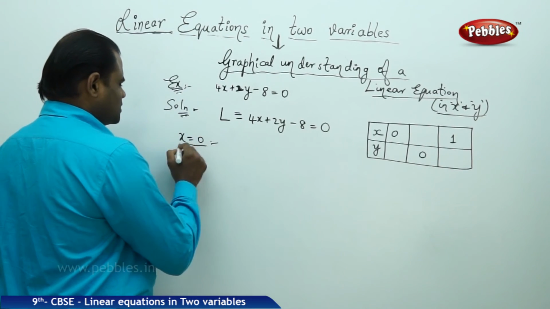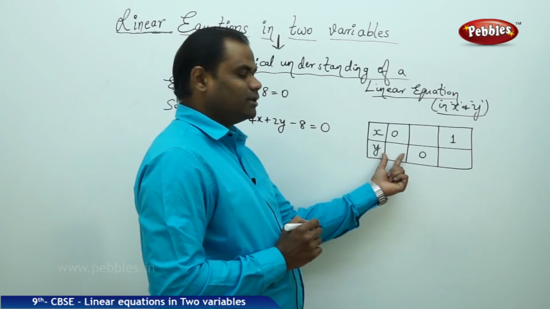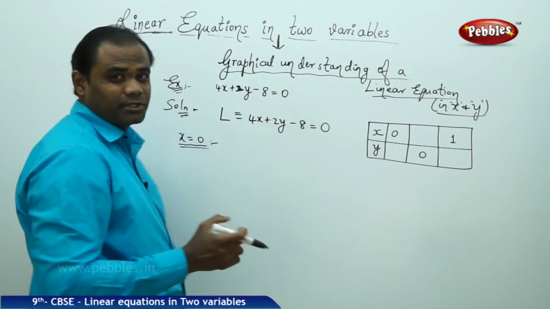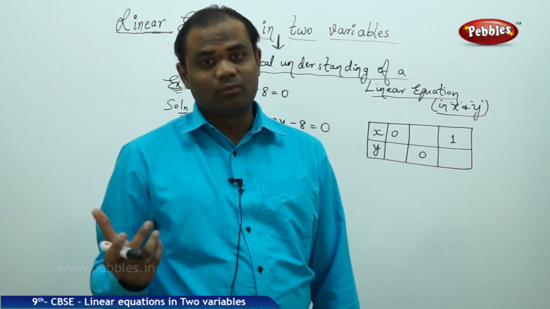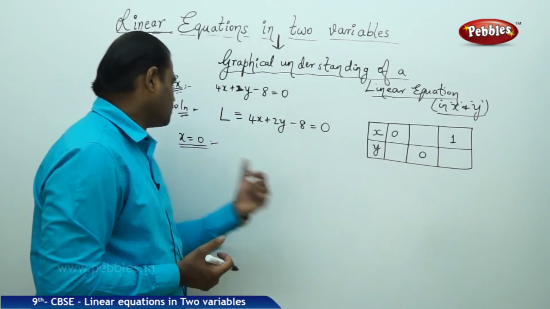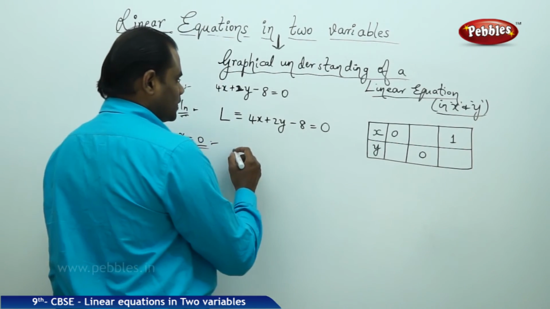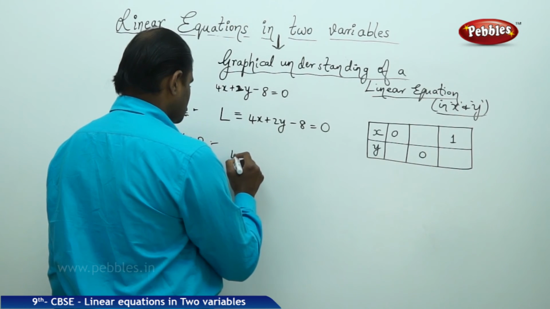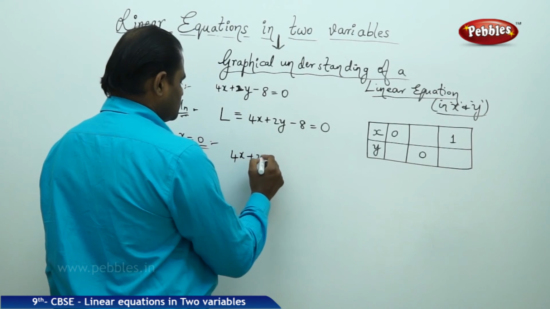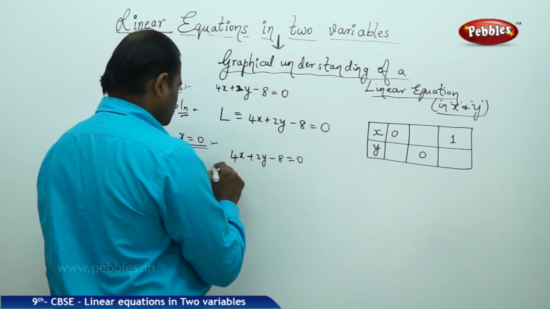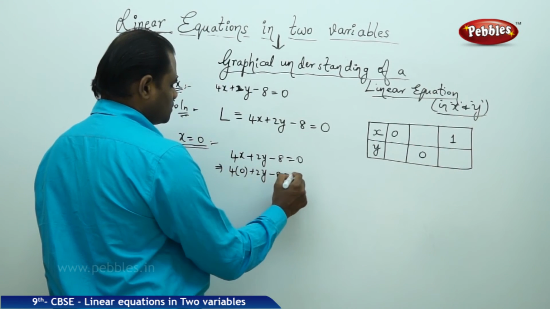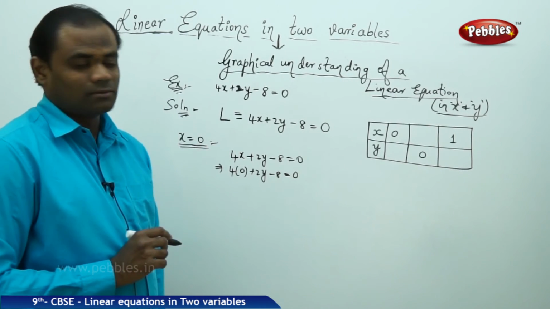As we clearly see, when x is 0, we need to find the respective y. It's about substituting the value of x in the equation and then finding the other variable y. Therefore, when x is 0, I get 4x plus 2y minus 8 equal to 0, which implies 4 times 0 plus 2y minus 8 equal to 0.